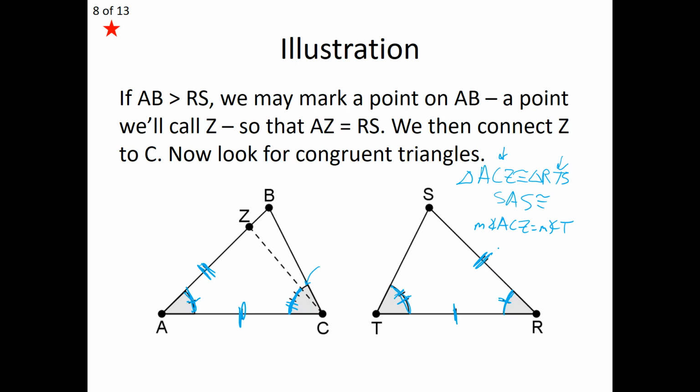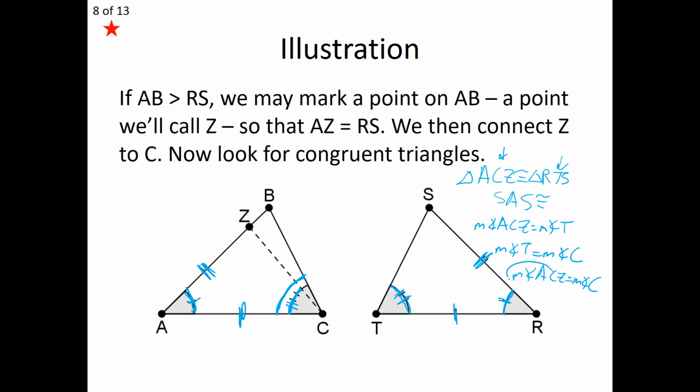Well, we already know something about the measure of angle T. Angle T is equal to the entire measure of angle C. That's given. Okay, so now what we can say by transitivity of equality is that the measure of angle ACZ is equal to the entire measure of angle C. So what we're claiming is that this small part is equal to the whole angle.